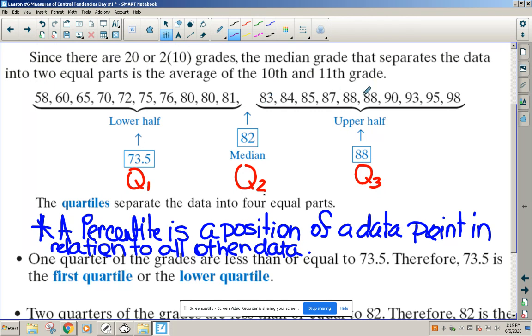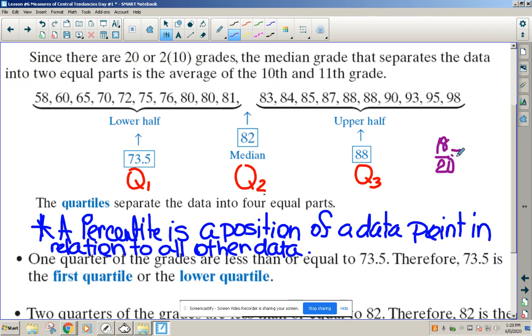If you got an 88 on the test, you got a B+. 75% of the kids in the class got what you got or less, because quartile 3 would be the 75th percentile. So a 93 on the test, great, you got an A. But that means 1, 2, 3, 4, 5, 6, 7, 8, 9, 10, 11, 12, 13, 14, 15, 16, 17, 18 out of 20 kids got your 93 or lower.